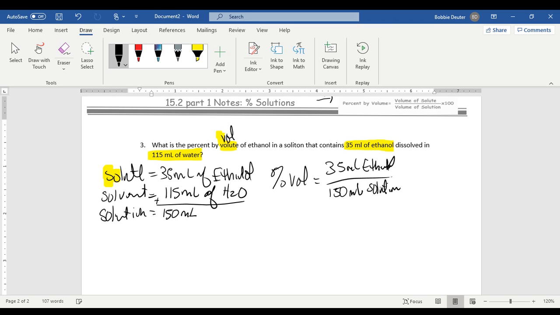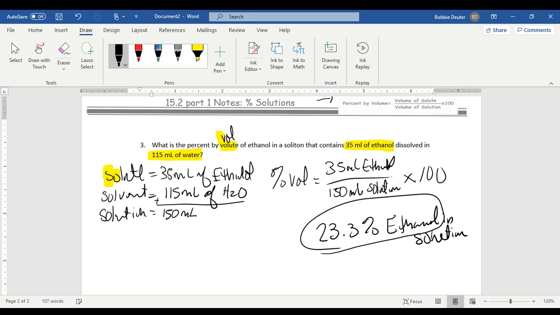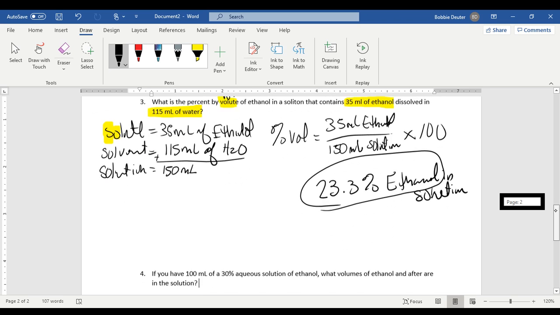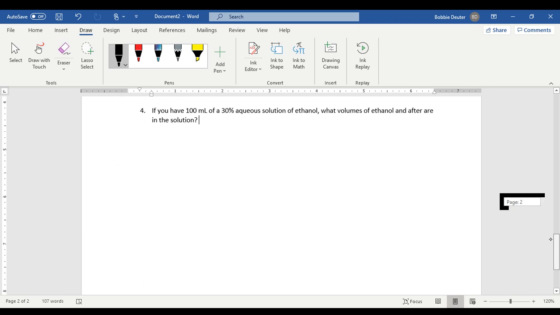Remember, that's your solute and your solvent, times 100, and in this case, we get an answer of 23.3% ethanol in solution. We have to remember that this is only a 23.3% ethanol solution, which means the rest of it is water-based or solvent-based. The solvent will always have more of within our solutions than we will solutes, by the way.